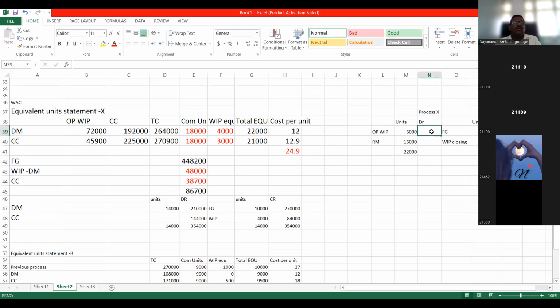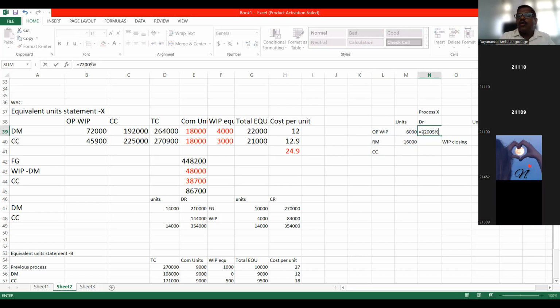Of course, what is the value here? We have to put that in input value, opening WIP value and the raw material. And also there should be a conversion cost, no? Conversion cost also should be there. So you have to find out the opening WIP value: 72,000 plus 45,900.